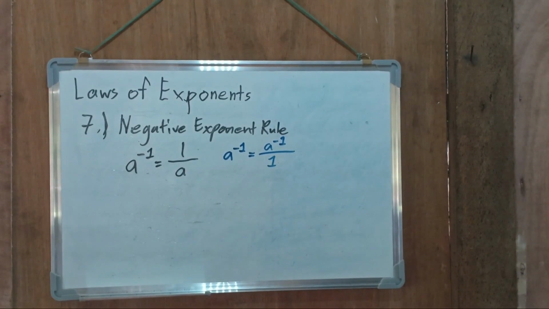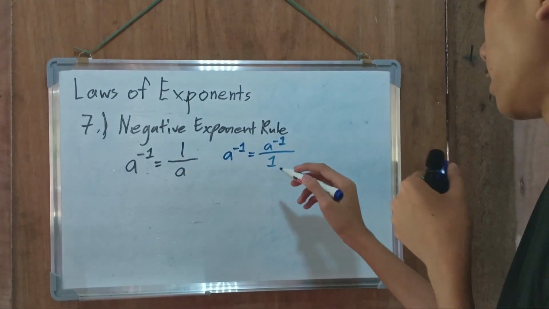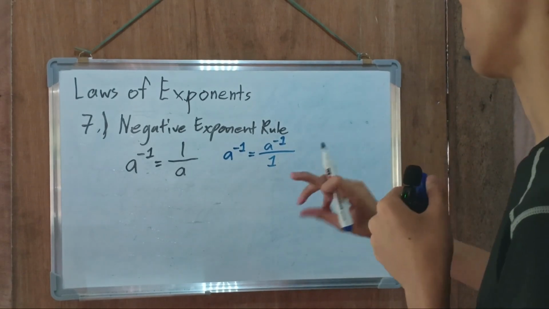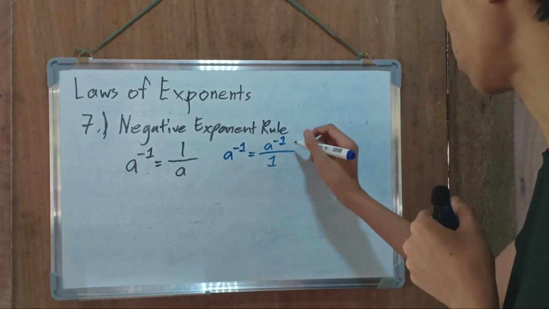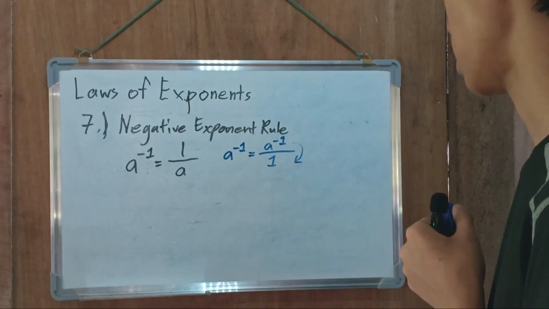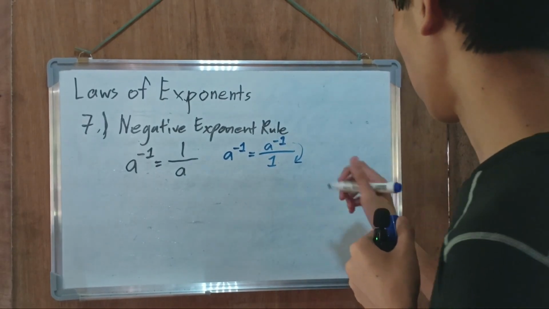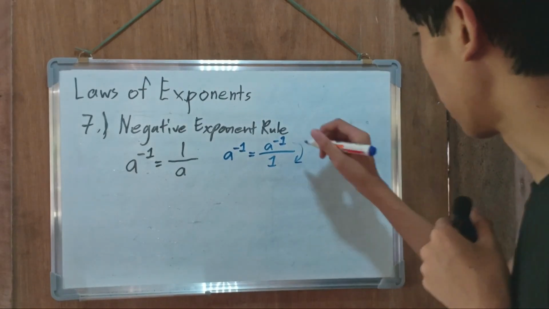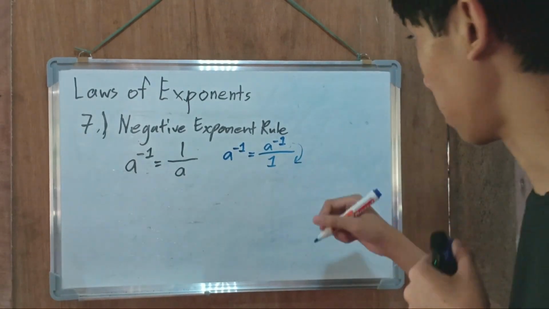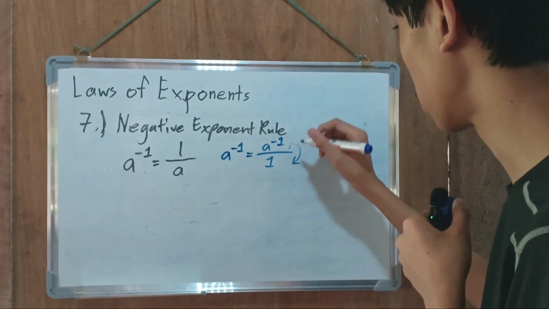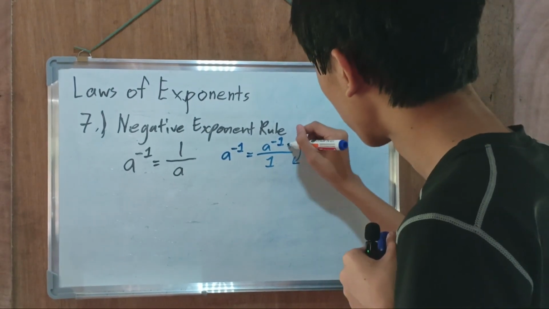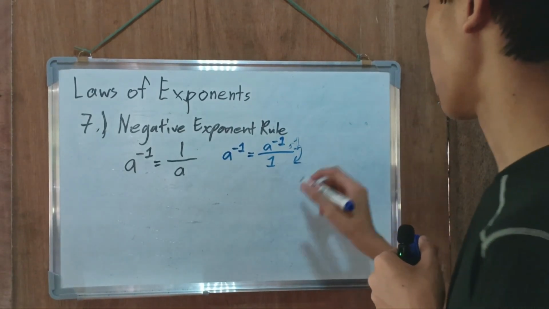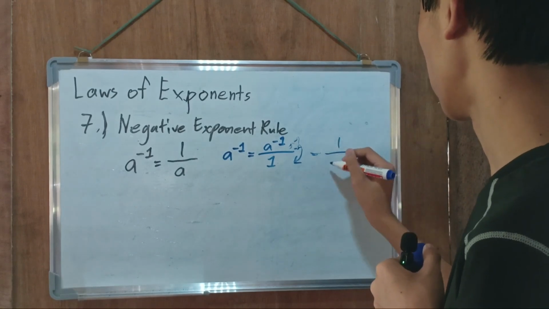Now, to make the exponent positive, we take the inverse. So in order to get there, you need to put this in the denominator, and we put times 1 because that's always been times 1. So that means this equals 1 over a.